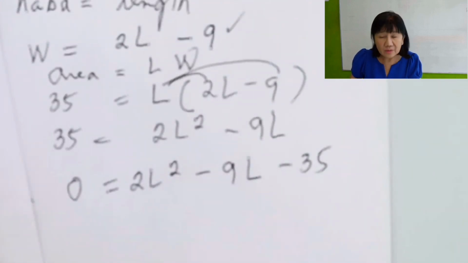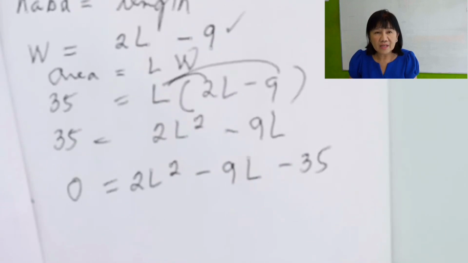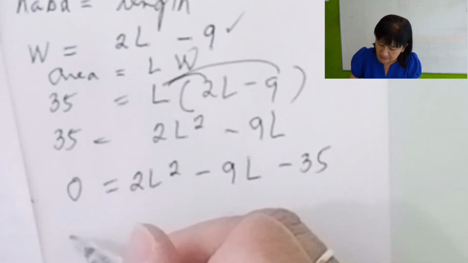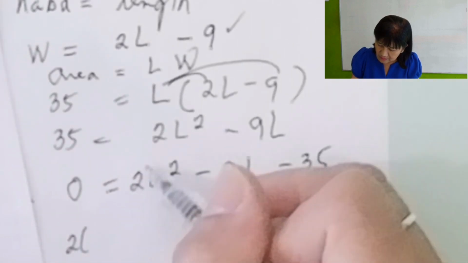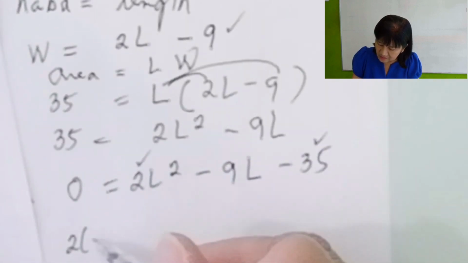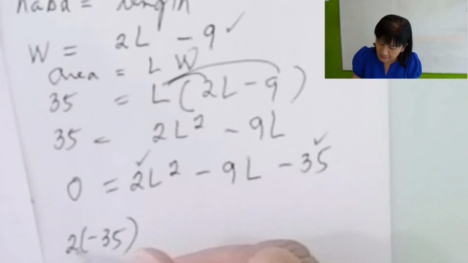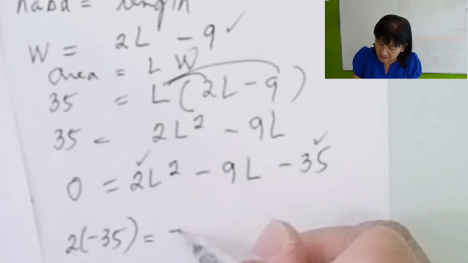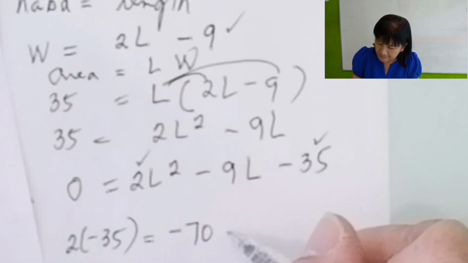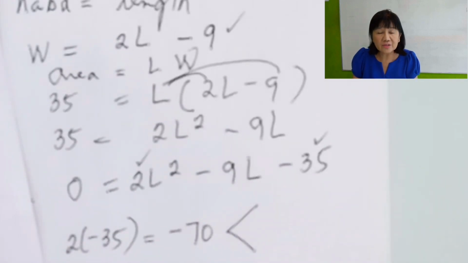You use completing the square, quadratic formula, or factoring. Let's try factoring, the AC test. 2 times negative 35 is negative 70. Do we have factors of negative 70 which, when added, will give us negative 9?